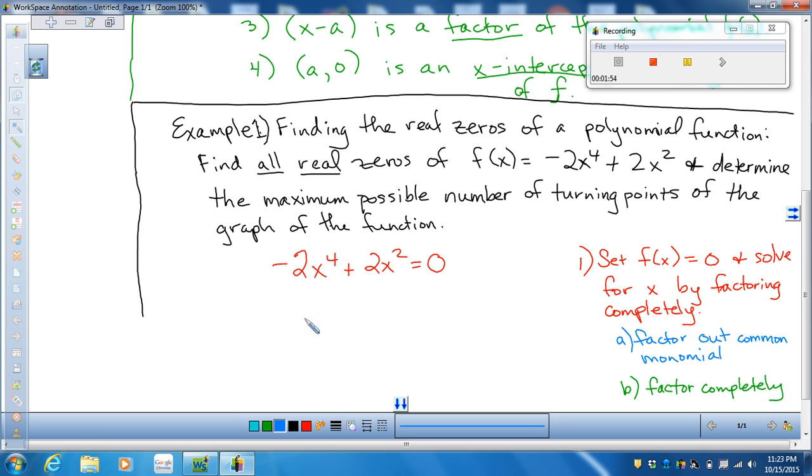After we've done that, we're going to find out what they have in common, and we can factor out a negative 2x squared from both of the terms.